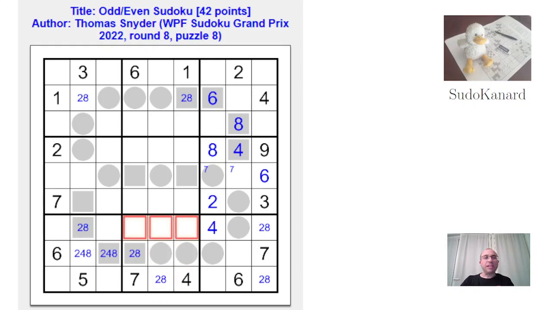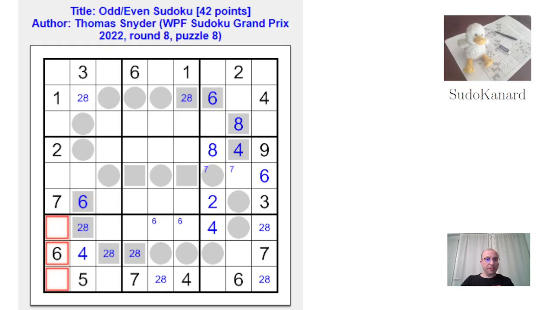And we know we have a 6 somewhere here, around here to be precise. So on this column, actually, that's a 4. That's not a 4. And we still need a 6 somewhere, and this is even, so this has to be a 6. All right.